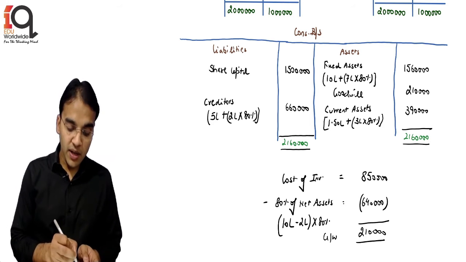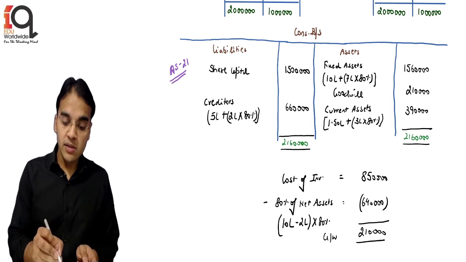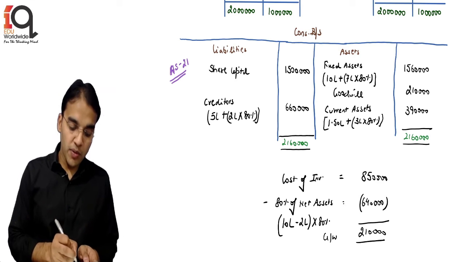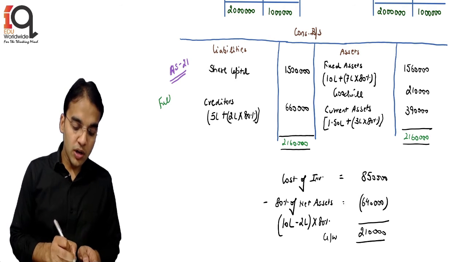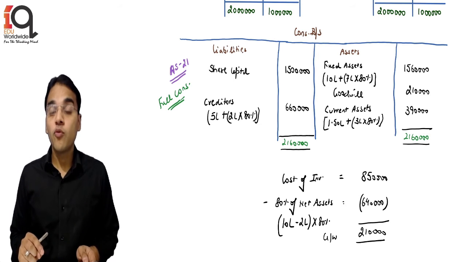But our AS 21, which is the governing standard for the same, requires that we need to make full consolidation. We need to make full consolidation.